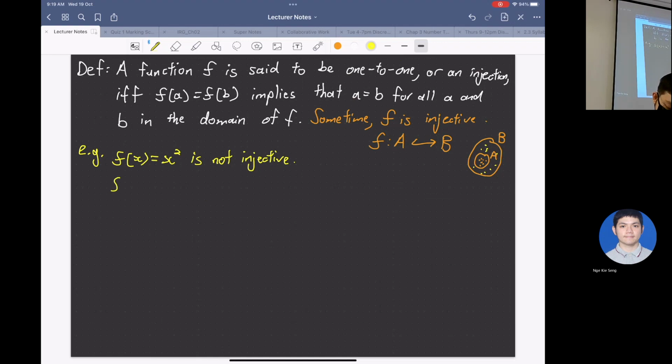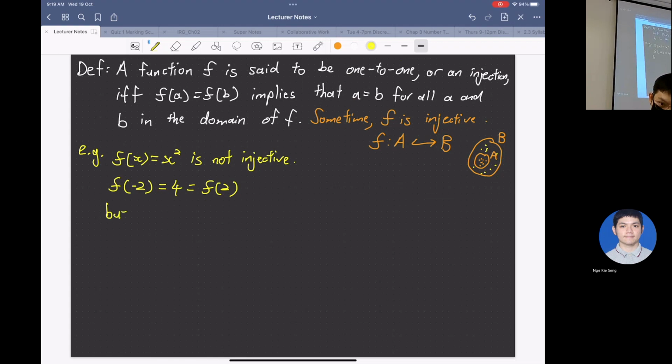Okay, good. If you look at -2, you get 4. If you look at 2, you get 4. So two different distinct elements get sent to the same element. So it's not injective.